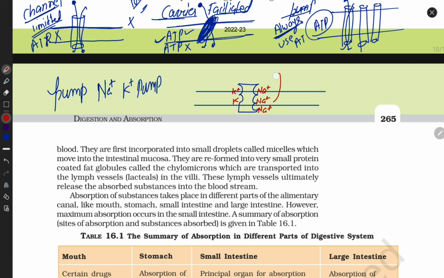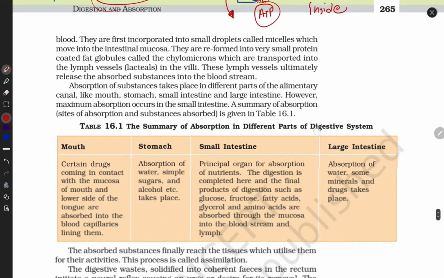Sodium goes outside and potassium goes inside the plasma membrane. This is the plasma membrane, this is the outside. The most commonly used pump ever, the sodium potassium pump. During this transportation they use ATP, guys. So here is a chart.